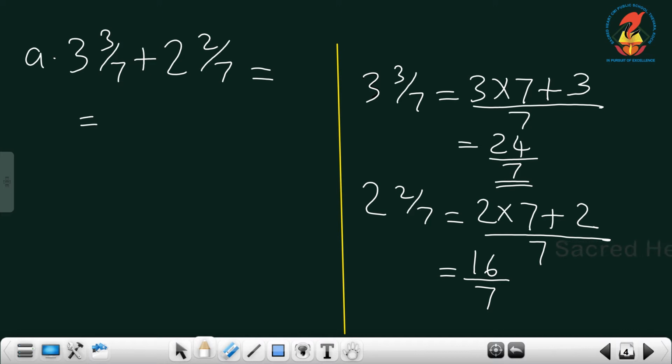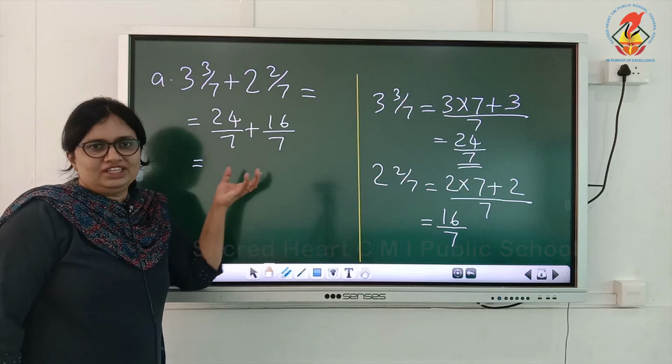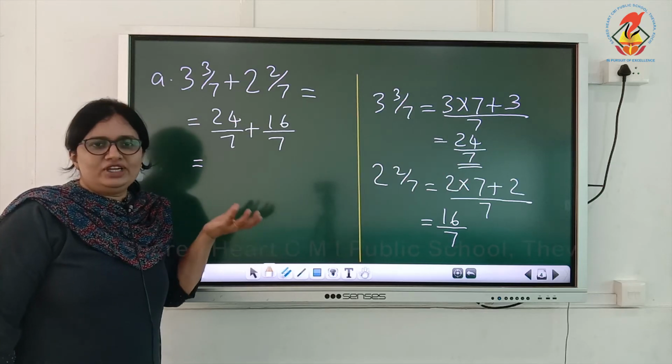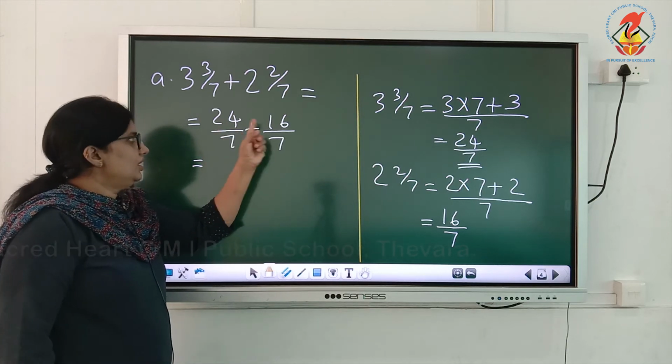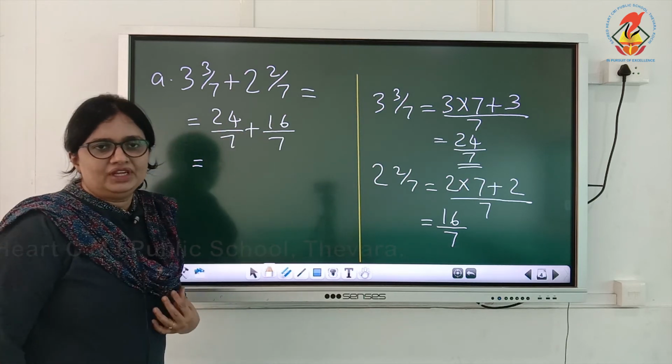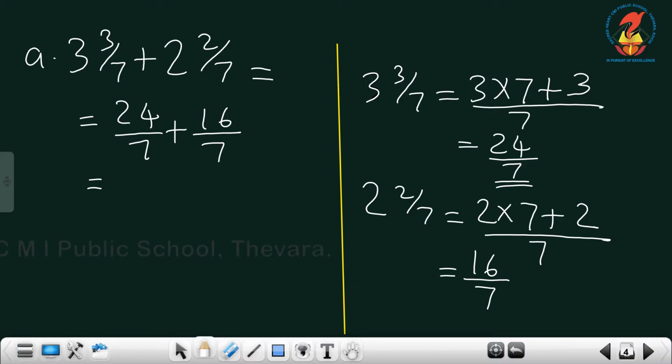That is 24 by 7 plus 16 by 7. See, these two are like fractions only, that is easy for you. Don't take the LCM, we can add it. What will you get? 24 plus 16 equals what? 24 plus 16 equals 40, right?